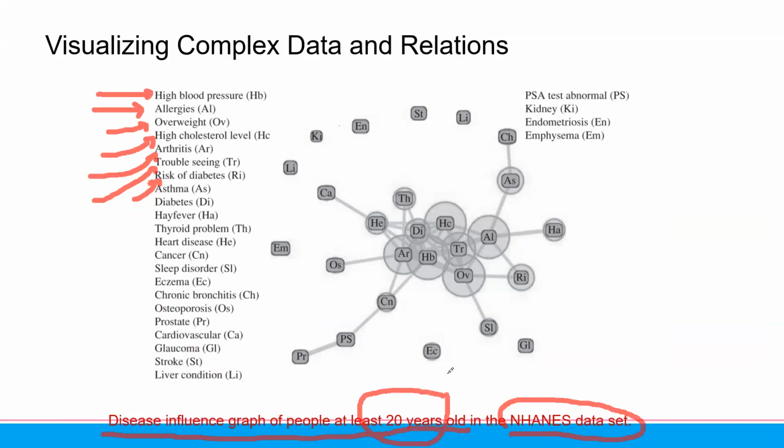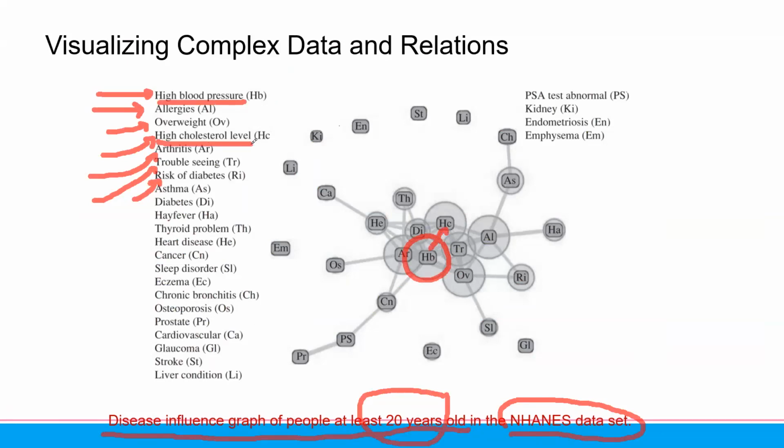Let's say we have this one, HP. HP is high blood pressure. There are many people in their 20s who have high blood pressure. And there is a relationship between this high blood pressure and, let's say this is HC. What is HC?